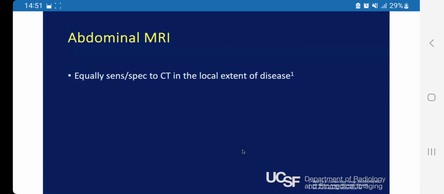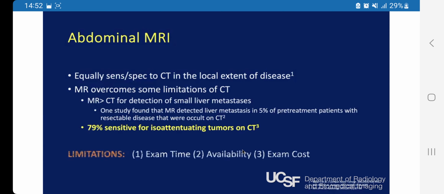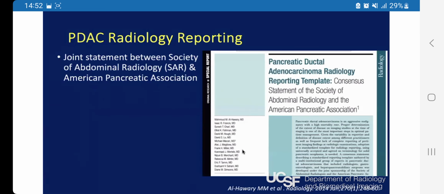It's equally sensitive and specific for local extent of disease, and overcomes some of CT's shortcomings, including being more sensitive for liver metastasis and more sensitive for isoattenuating tumors on CT, which we don't see well. However, MR is expensive, it takes time, and it's not available everywhere.